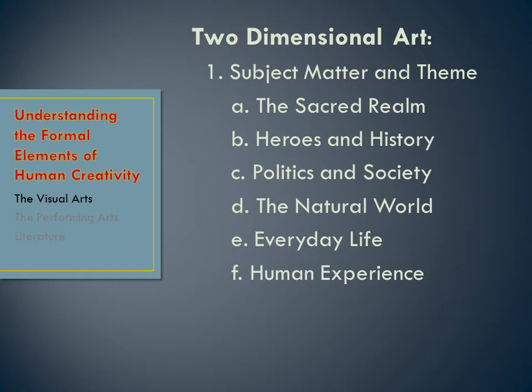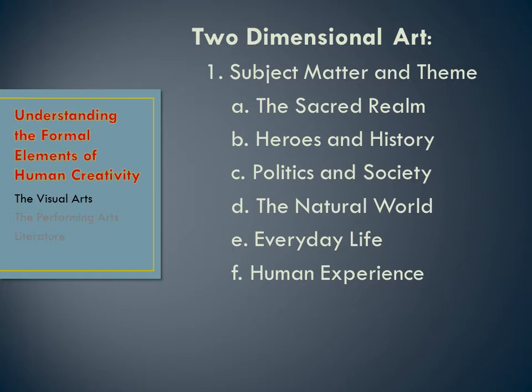Another subject matter is heroes and history. Heroes could be either from the stories and myths that different societies and cultures create, such as Hercules for the Greeks and the Romans, or Thor for the Scandinavians, or Ramayana in the Indian tradition. Or an artist could choose to depict figures from history.